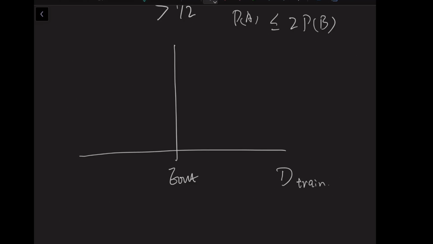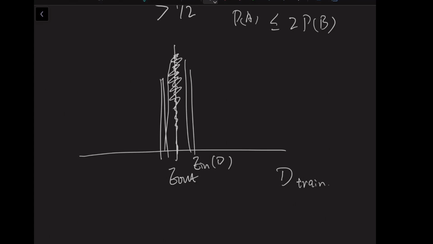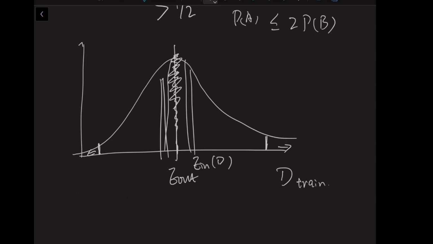If we have a large probability that the E_in evaluated on this training set is in the vicinity of E_out, and with less probability falls very far from E_out, this is the probability density.